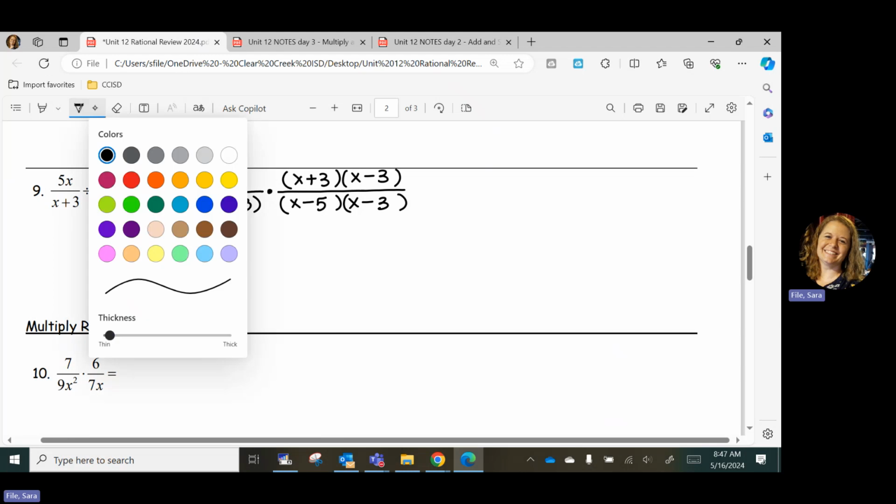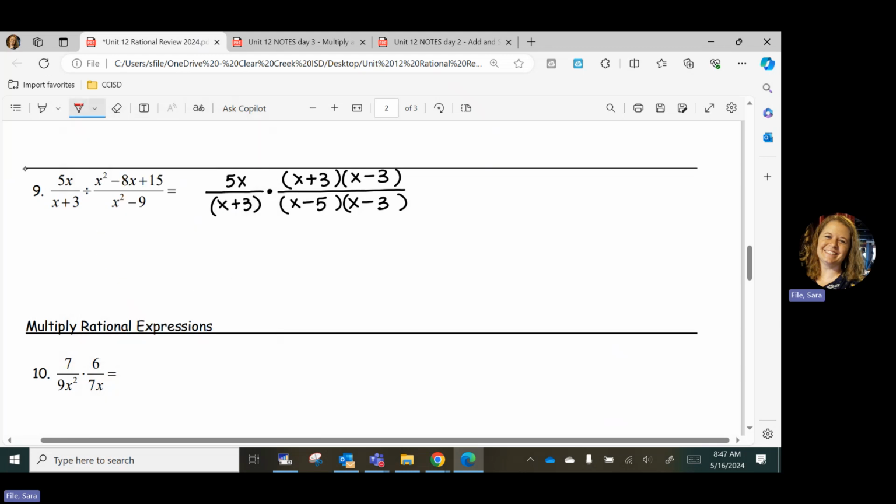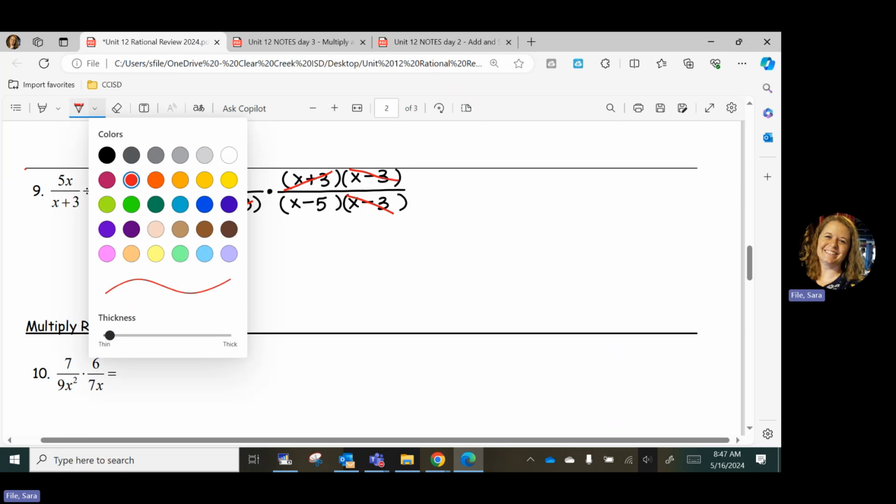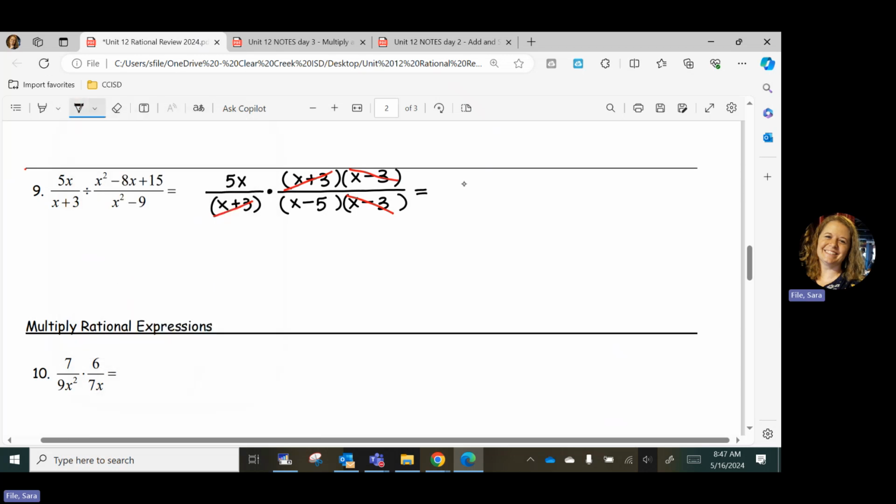All right, now reduce, if possible. Are there any common factors in the numerator and denominator? x plus 3, x minus 3. That's it. So I'm left with 5x over x minus 5.